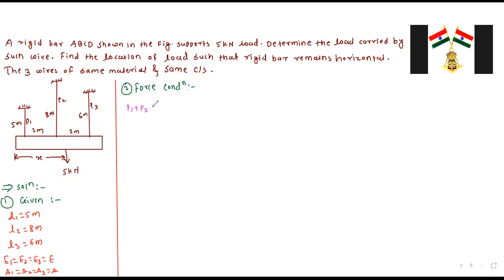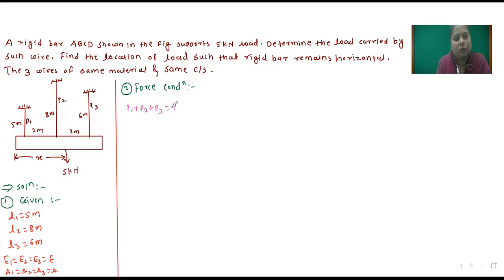P1 plus P2 plus P3 is equal to the total P. Therefore, P1 plus P2 plus P3 is equal to 5. So this is our equation 1.